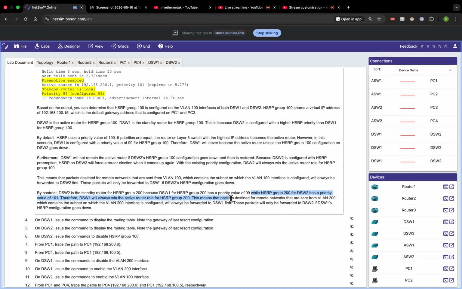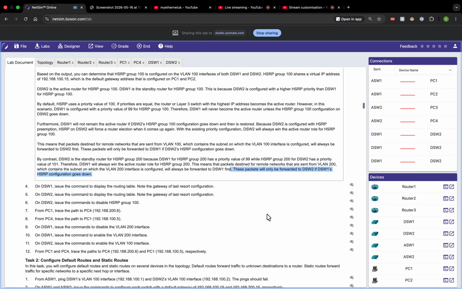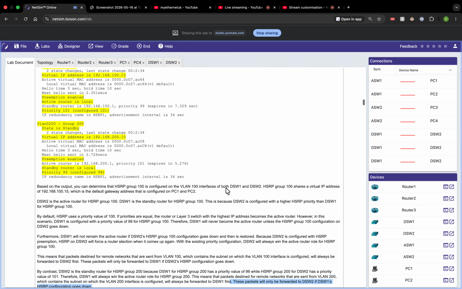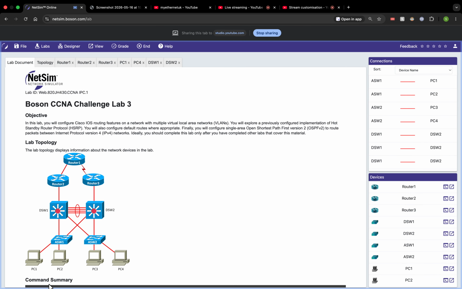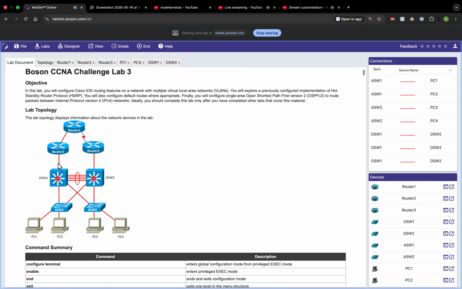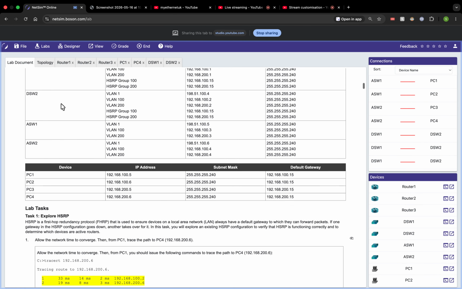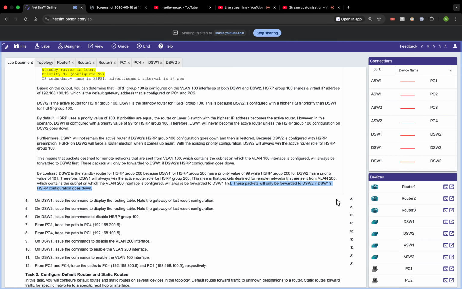Let's run show standby again and show more information. You couldn't see everything there, but you can see now the priority is greater. So for VLAN 200, DSW1 is the active router, the king, so to speak.